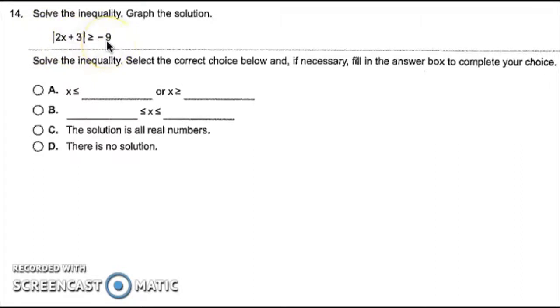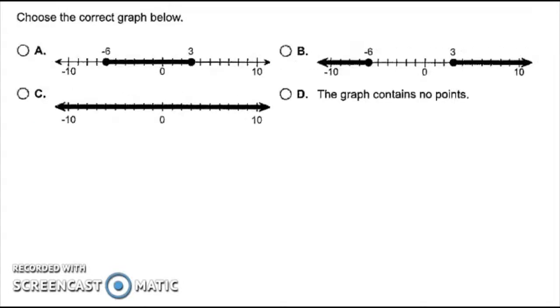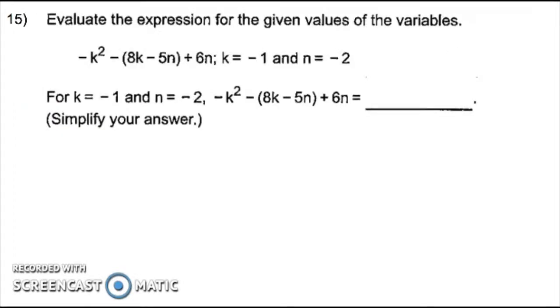So that means the solution is going to be all real numbers, because any value of x is going to give you a number that's positive, which is always greater than negative 9. So that's the answer for number 14. To graph it, all real numbers is going to be the solid line including all points, so the graphing part will be C.